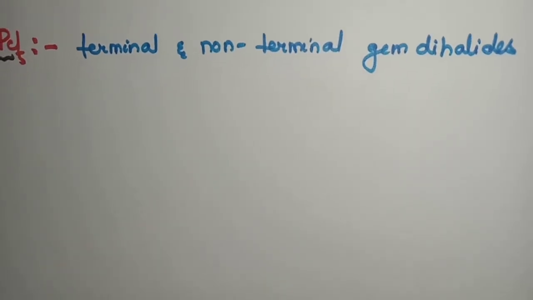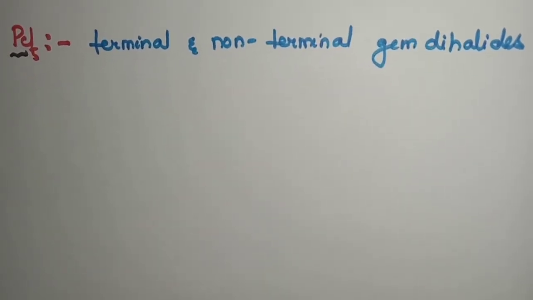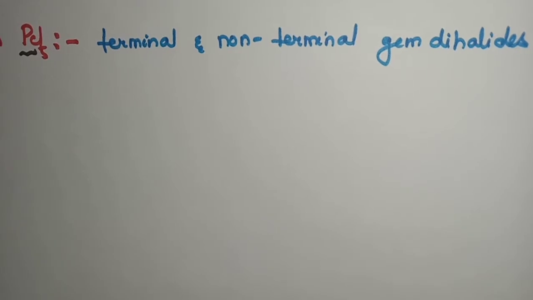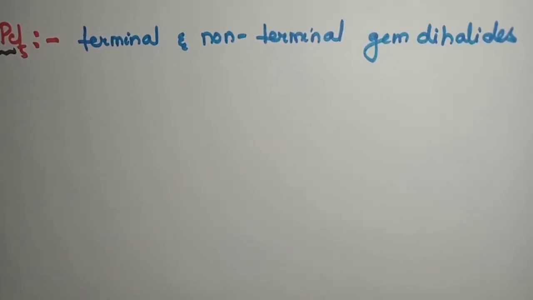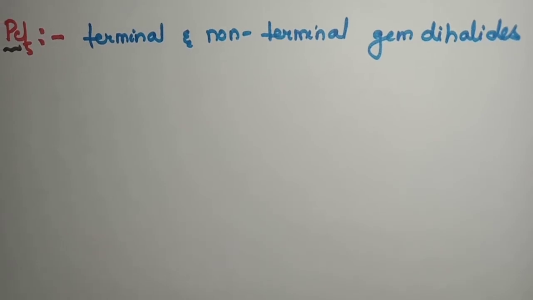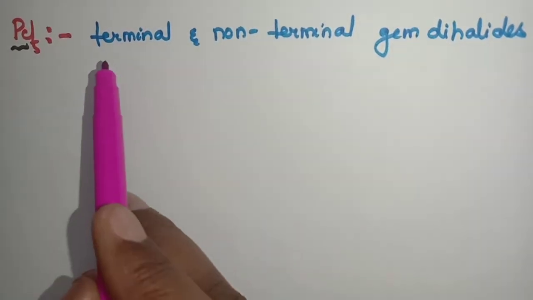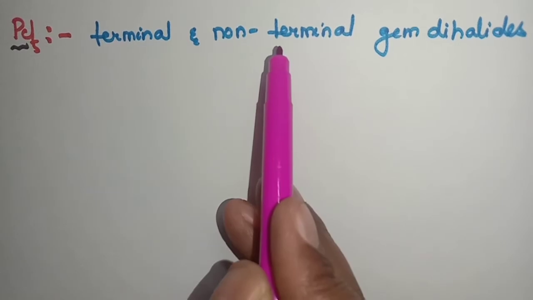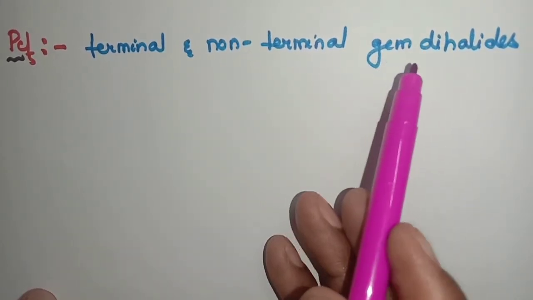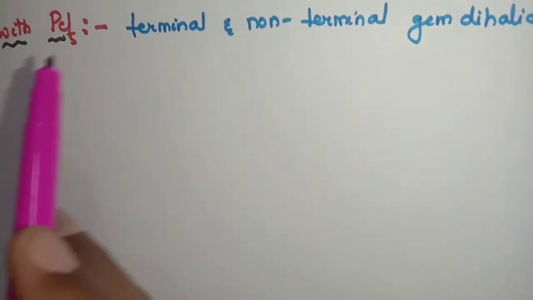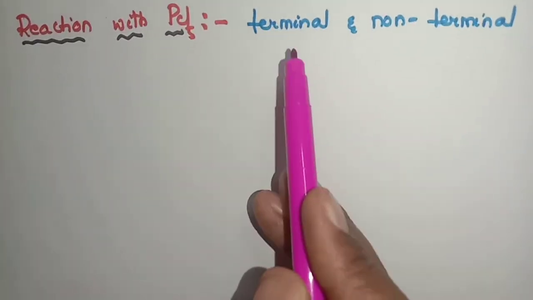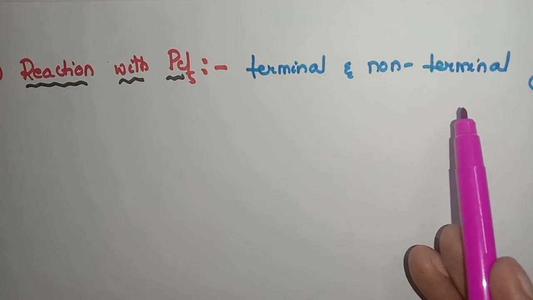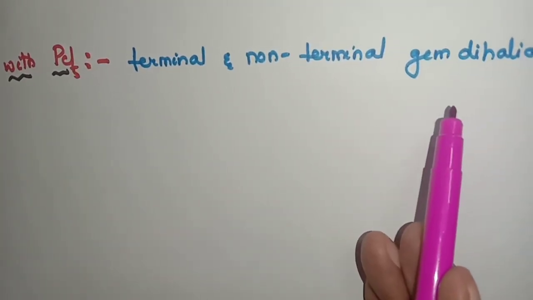In the preparation of aldehydes and ketones. Go back and check the video where we have discussed the preparation of aldehydes and ketones. There we have learned aldehydes and ketones can be prepared using terminal and non-terminal gem dihalides. So here aldehydes and ketones react with PCl5 to produce terminal and non-terminal gem dihalides.